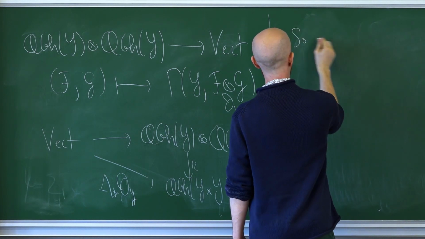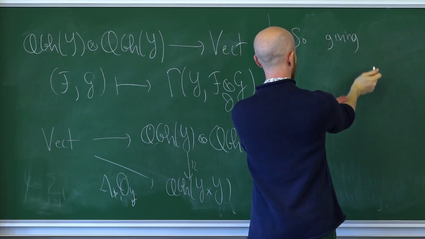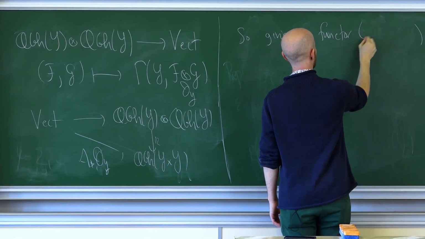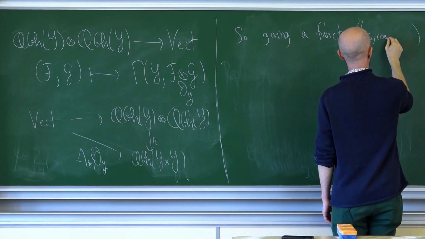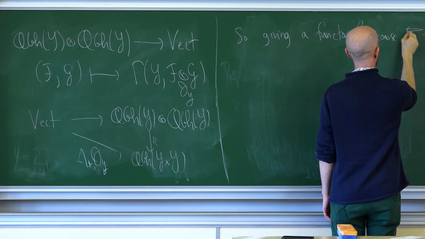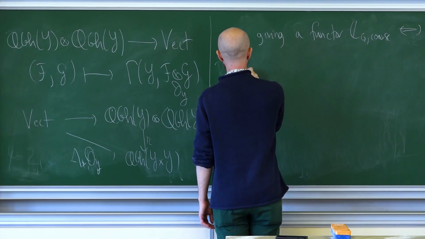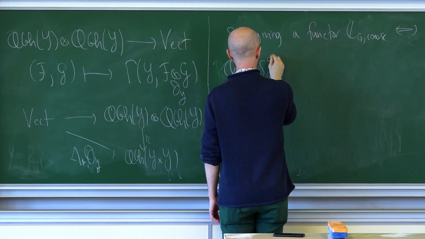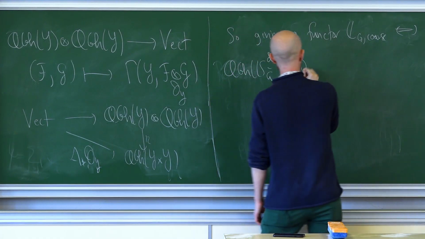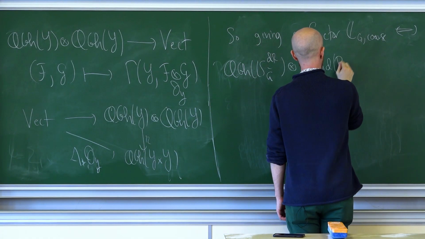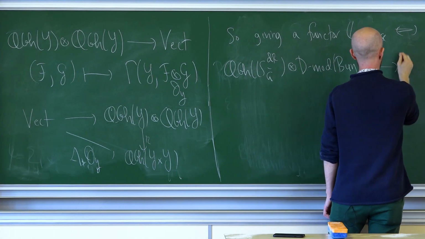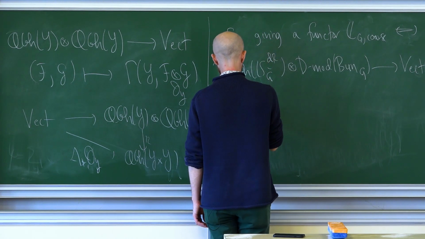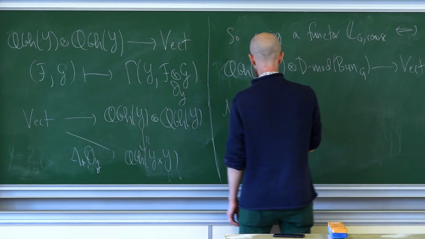And so what that means is that giving a functor LG coarse is equivalent to giving a functor from QCoh of LocSys G check tensor D modules on Bun G to Vect. And the one I'm going to choose is the following.